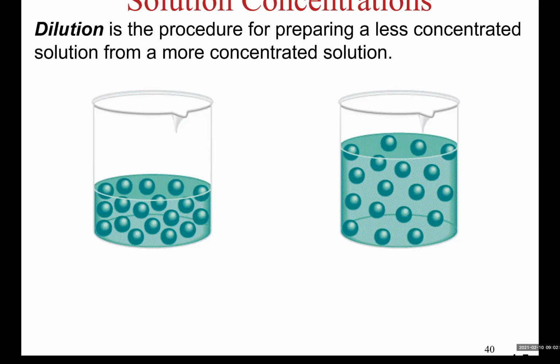Sometimes you buy solutions of acids or bases that are very concentrated, and you would like to reduce the concentration to a given amount. Suppose you have a solution of hydrochloric acid, which is 12 molar, and you want to dilute this to 0.5 molar, going from 12 mole per liter to 0.5 mole per liter.